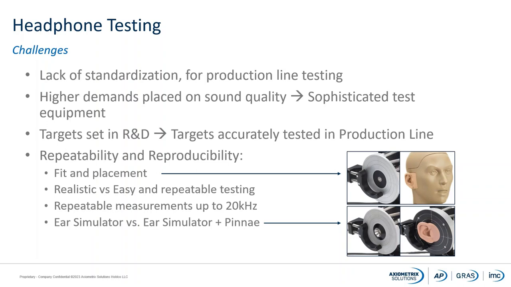And it means that, first of all, it should actually be easy to fit and place the headphone in the test fixture. We should not have any problem when we are putting it in, because if we have problems, then it will take extra time to place it. And yeah, time is money.